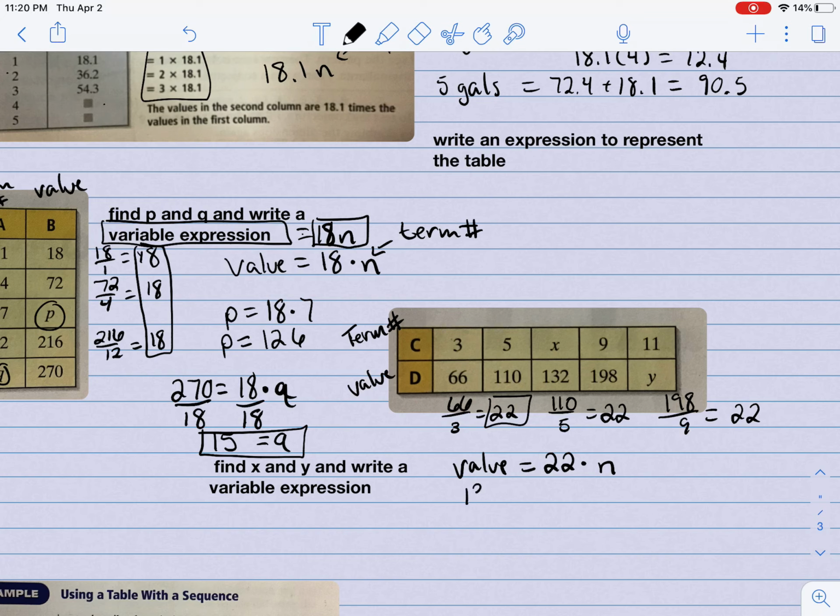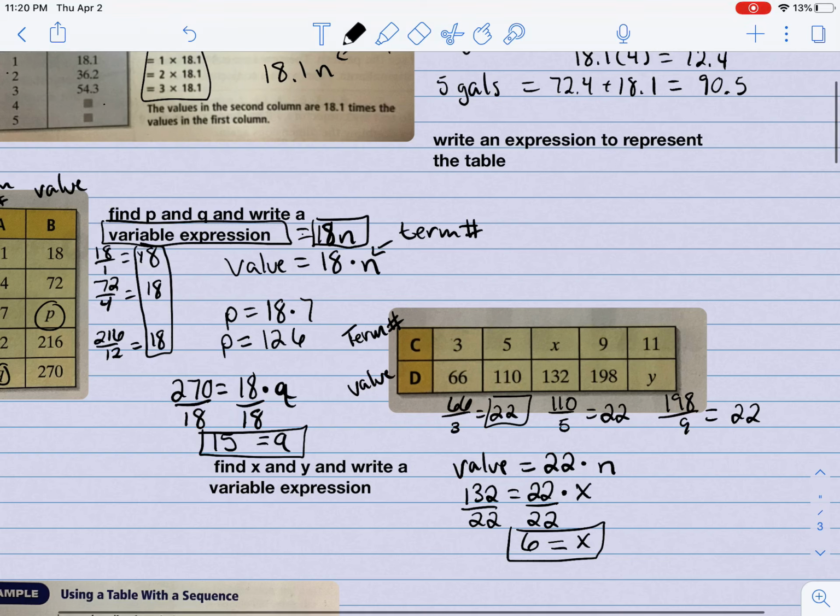Okay, so now we want to find out what x is. It gives us our value, so 132 equals 22 times x. We want to solve for our unknown or our variable, so we always get it by itself by dividing both sides by the coefficient. This will leave us with x is equal to 132 divided by 22, which is going to give us 6.